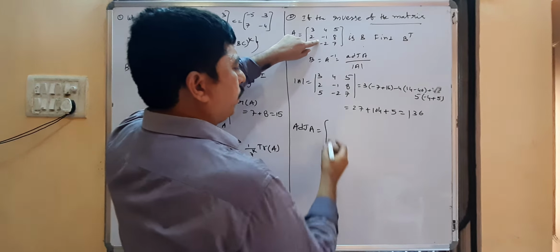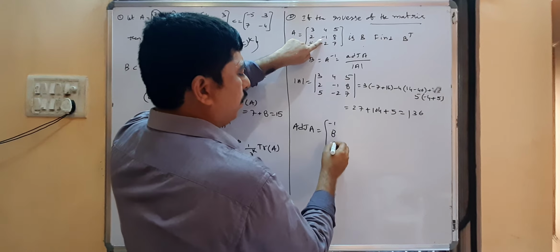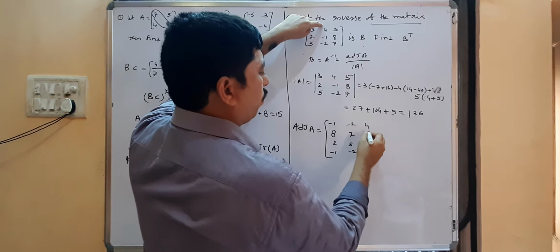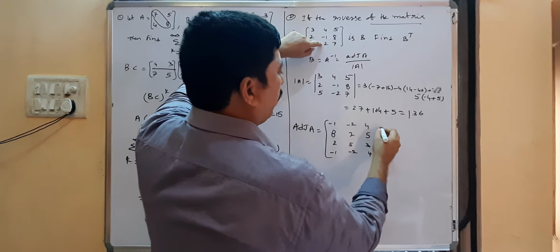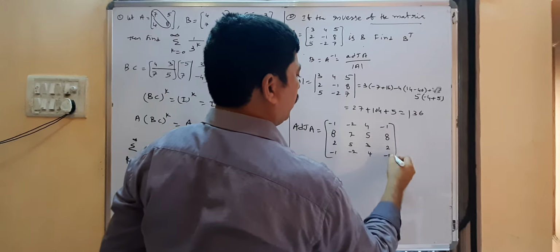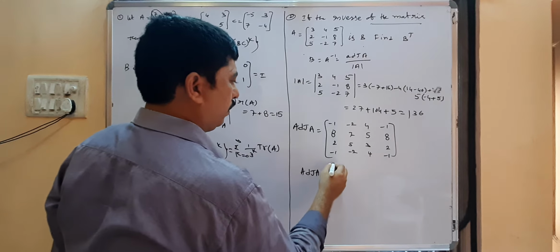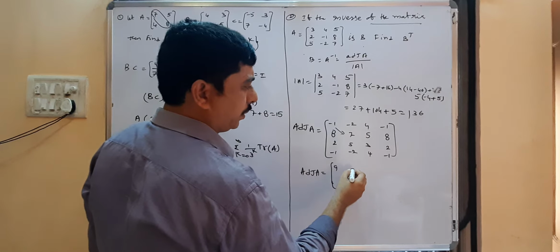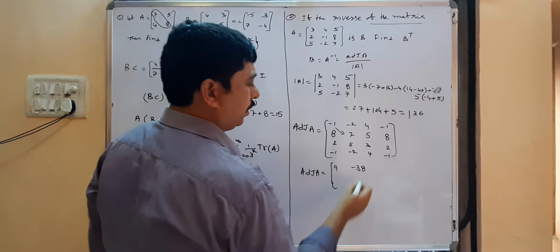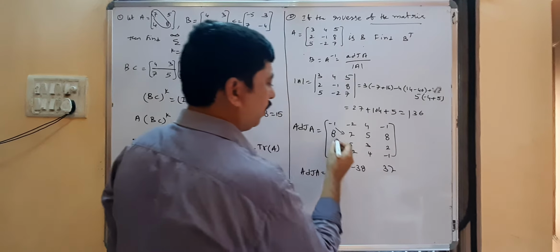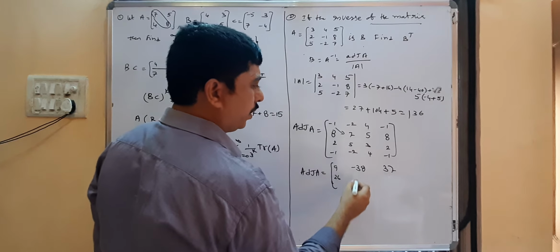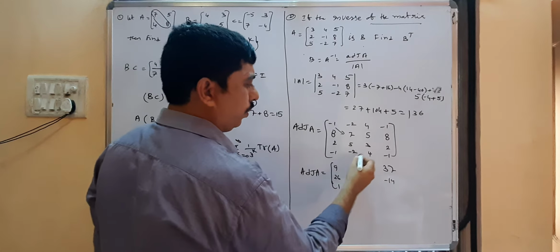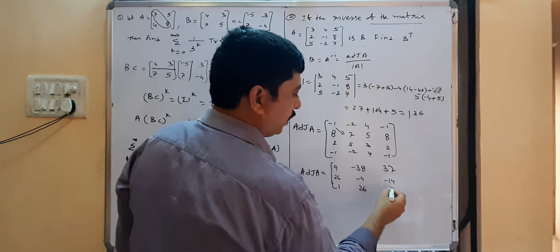You can write it in the column matrix form, and find the values of adjoint A. This is minus 1, minus 7 plus 16 is 9, minus 10 plus 28, minus 10 minus 28 is minus 38, 32 plus 5 is 37, 40 minus 14 is 26, 21 minus 21, minus 4, 10 minus 24 is minus 14, minus 4 plus 5 is 1, 20 plus 6 is 26, minus 3 minus 8 is minus 11.